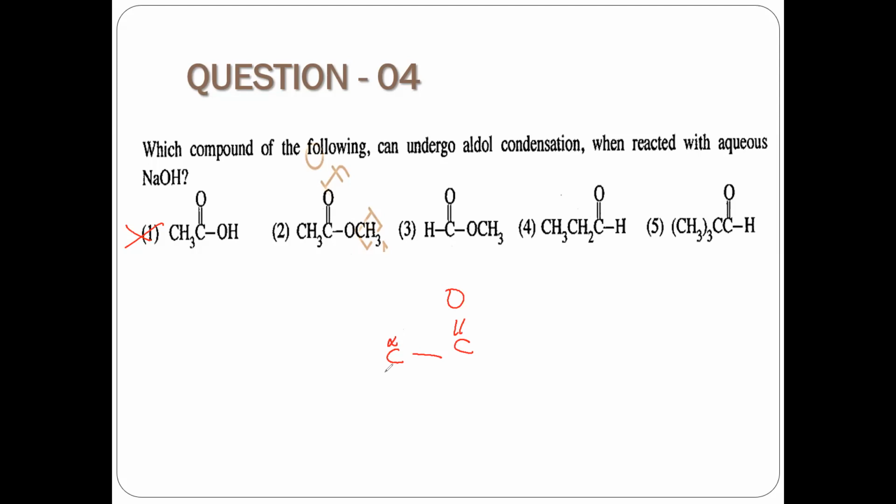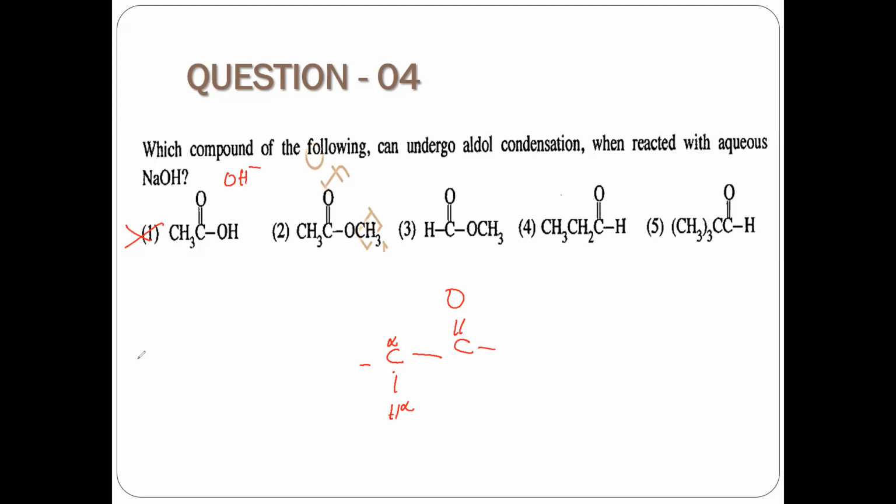This is the alpha carbon, and the hydrogen attached to it is the alpha hydrogen, which undergoes the self-condensation reaction. Why? These alpha hydrogens become more acidic and are attracted towards the sodium hydroxide, OH minus.